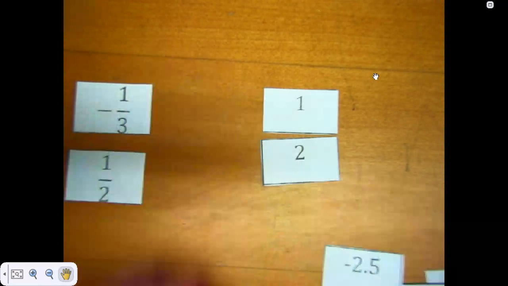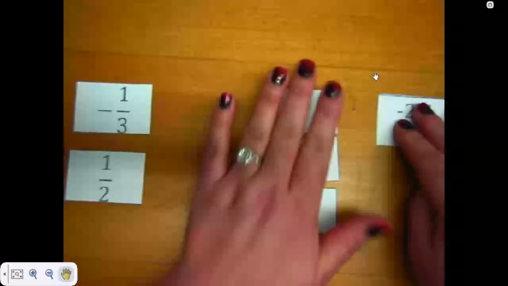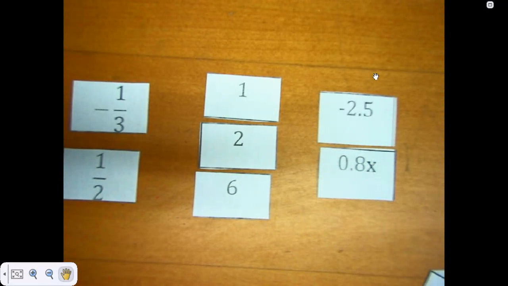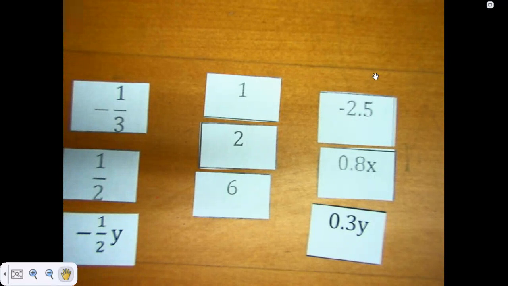I have seen children also group them where they put only the fractions together. And I cut out too many of these for my screen, and then they would make a group that was whole numbers. Make a group that was decimals, any decimals, any fractions.